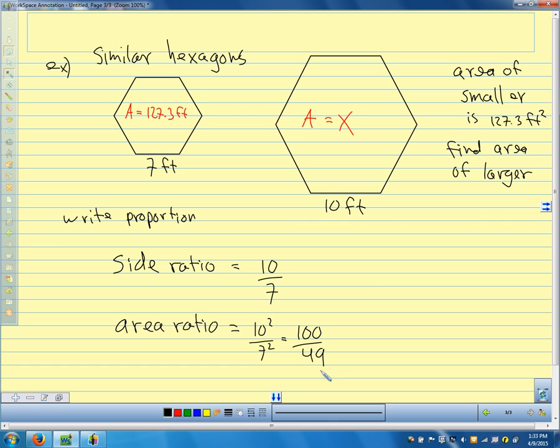What is another way? I chose the 10 because we're trying to find x. We're trying to find this area, and it's with the bigger one, so I thought let's put that on top. It doesn't really matter. It'll work either way. What's another way that we can write the area ratio?